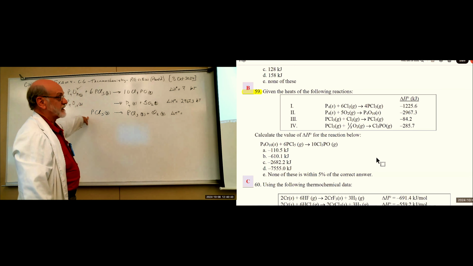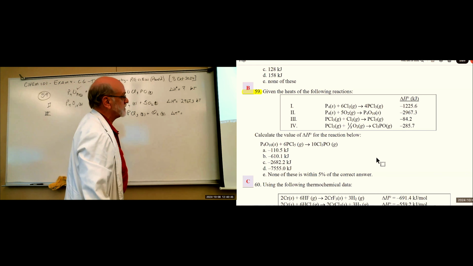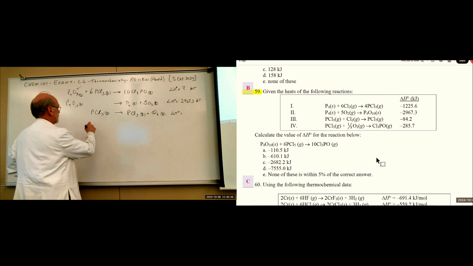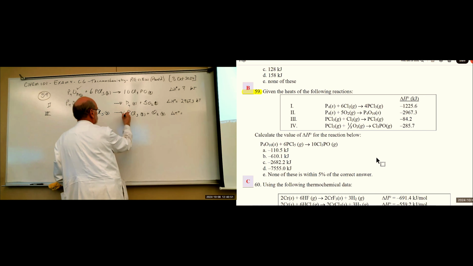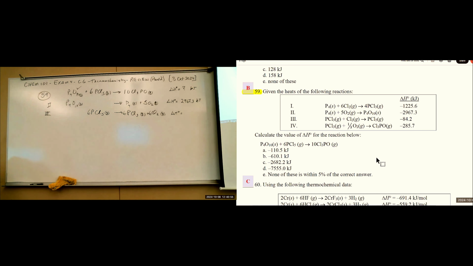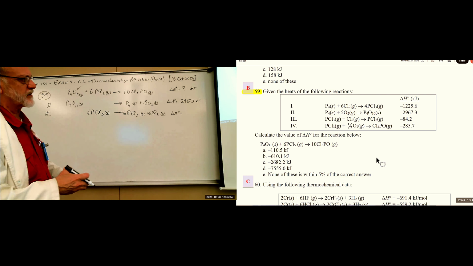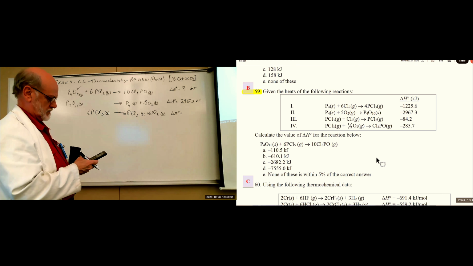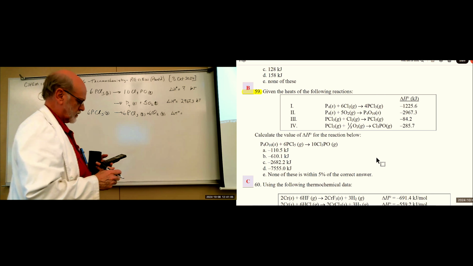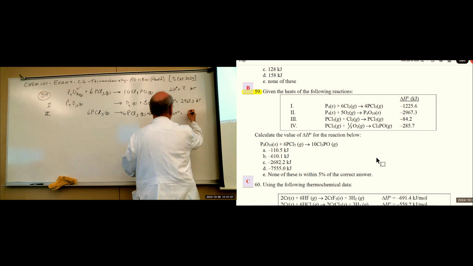Now we're going to change the sign to a positive 84.2, but we're also going to multiply it by 6. So we need to take that value and not just change the sign, but multiply it by 6. 84.2, which is 505.2.